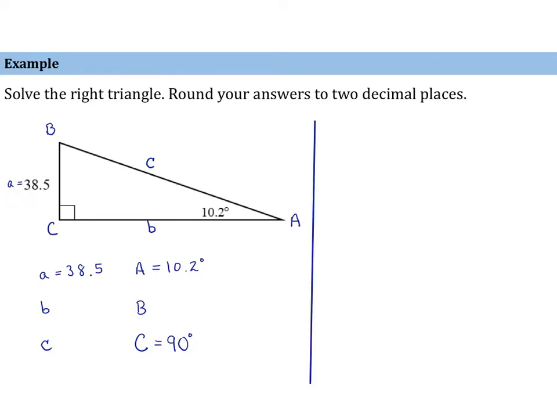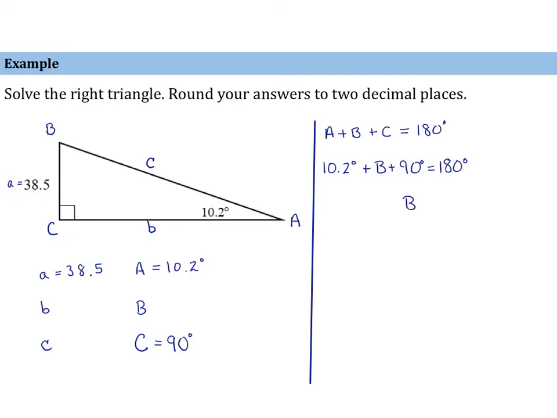We know that the sum of the angles of the triangle must be 180 degrees. So A plus B plus C must equal 180 degrees. That means that 10.2 degrees plus B plus 90 degrees must equal 180 degrees.